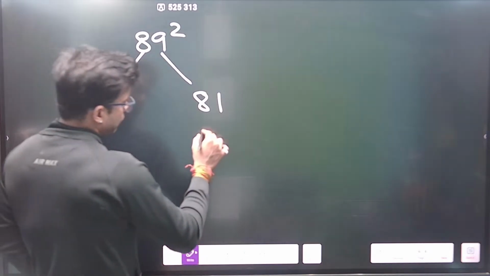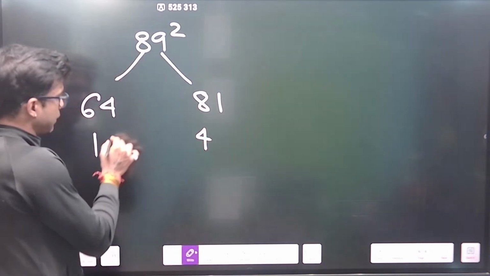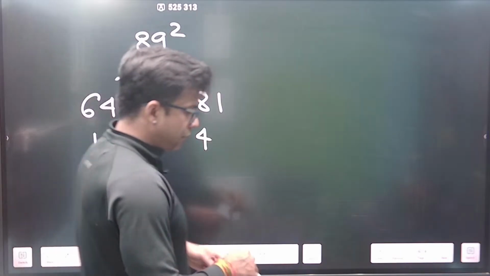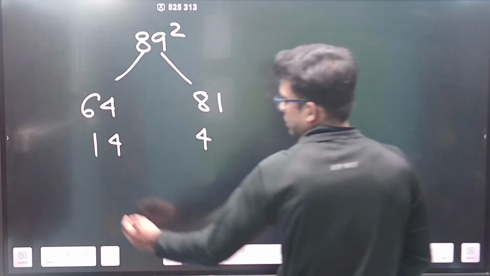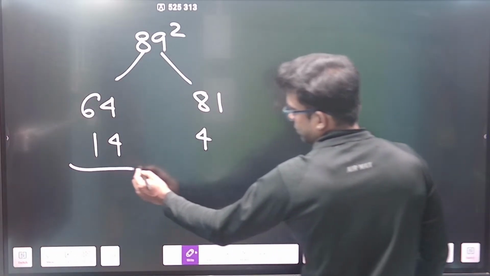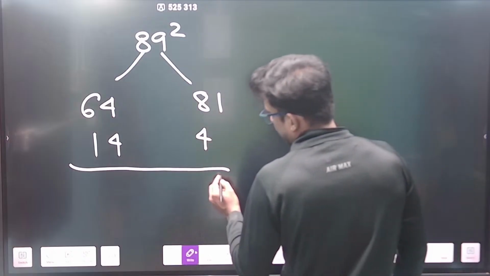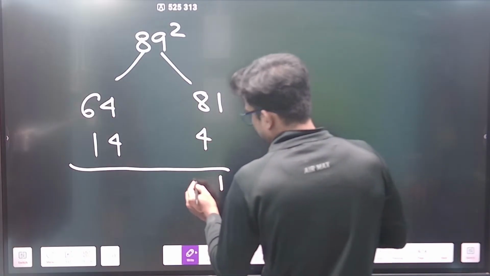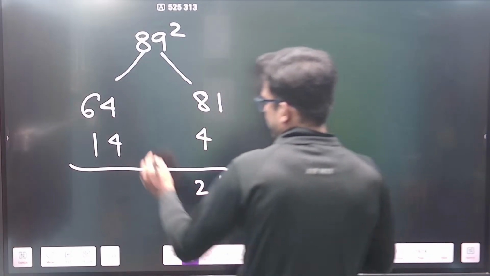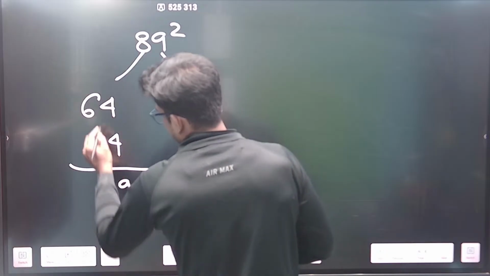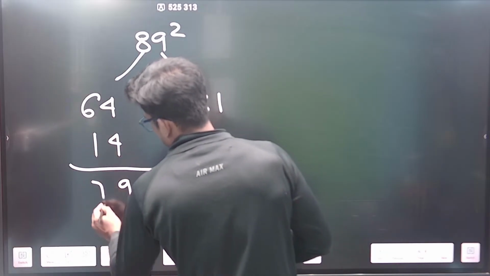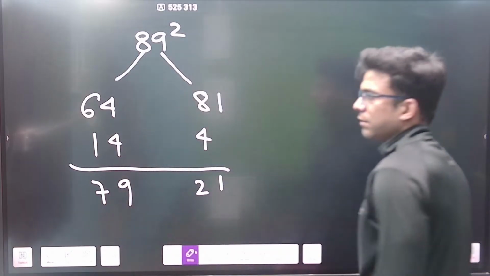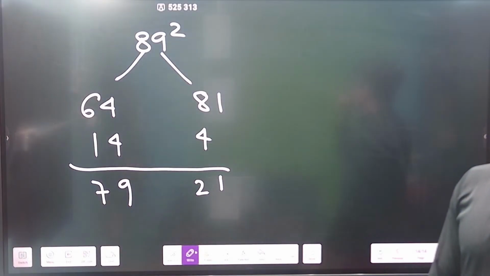So write down 4, write down 1, write down 4. Now just do the addition. Write down 1, 8 12, 2, write down 9, and then 7. So basically the answer is 7921. I hope you got this.